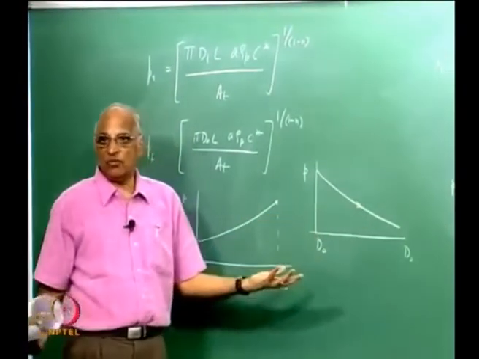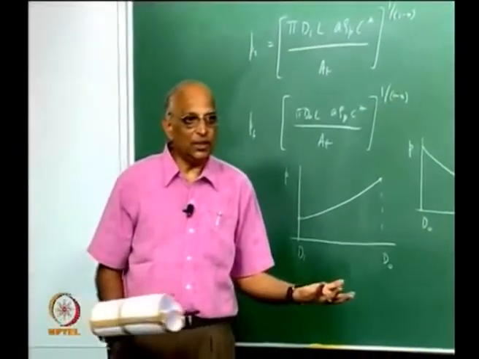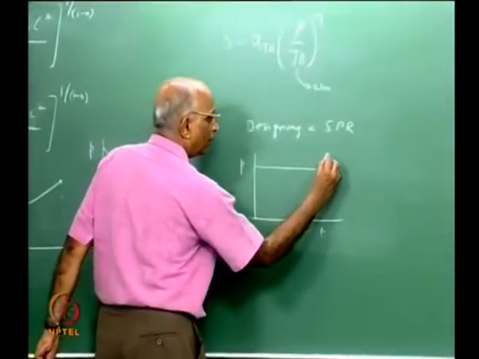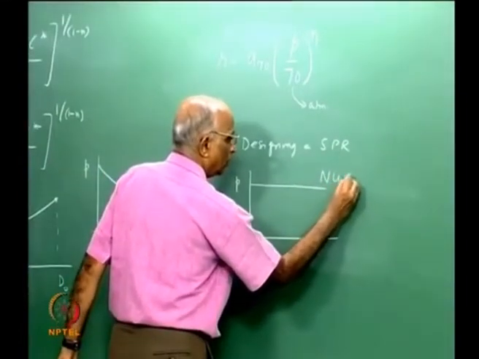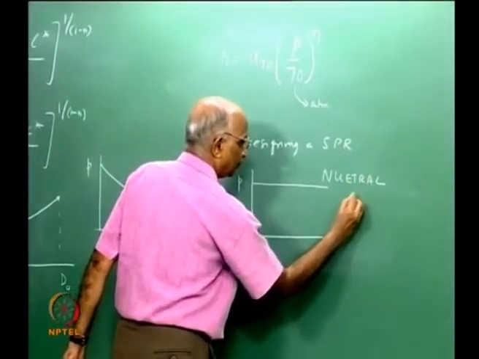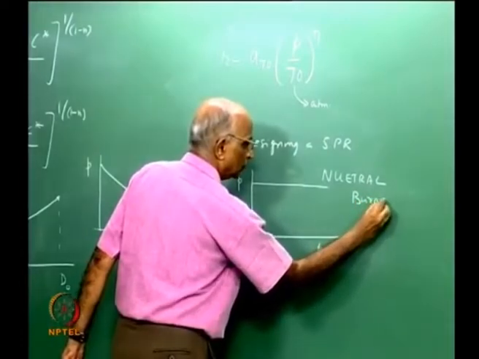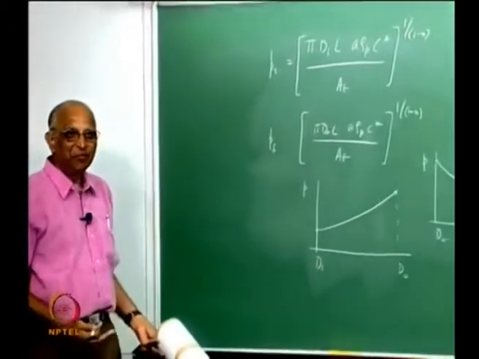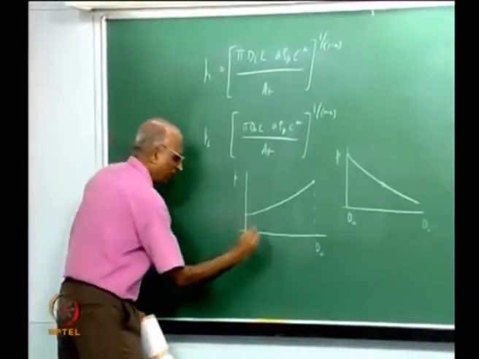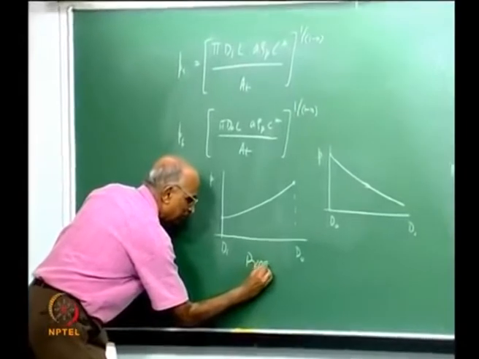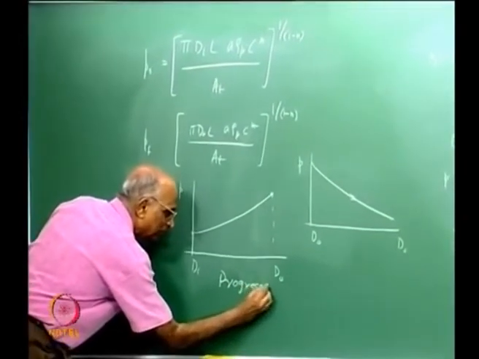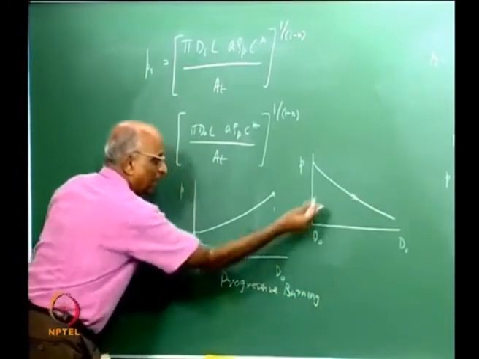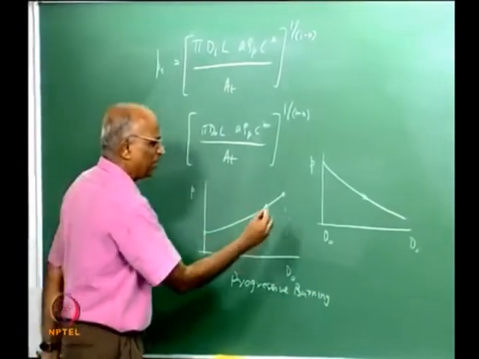Therefore, I could have three types of thrust evolution in such rockets, and therefore this is known as neutral burning. What should be the name for this? Progressively increases, that is progressive burning. And this keeps decreasing, that means regressive burning.